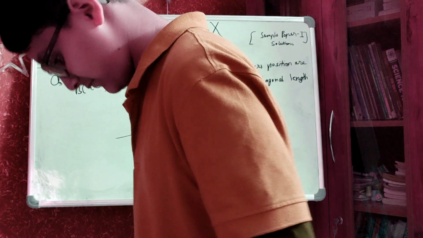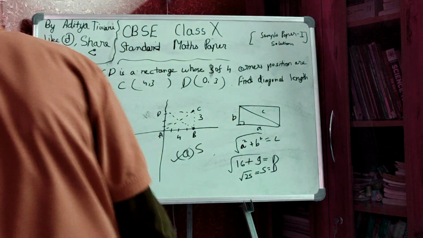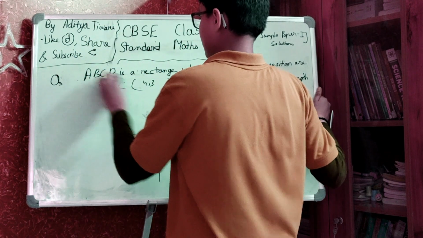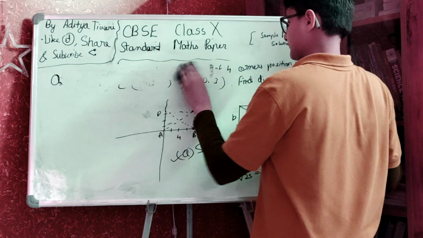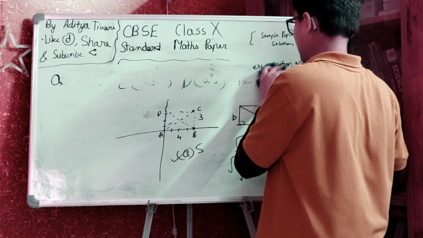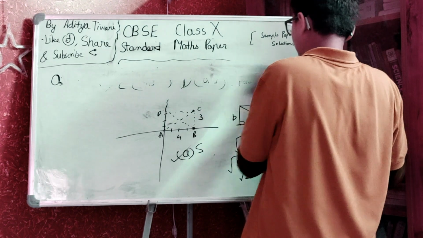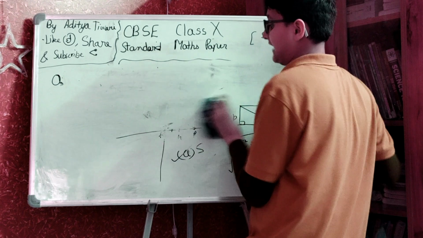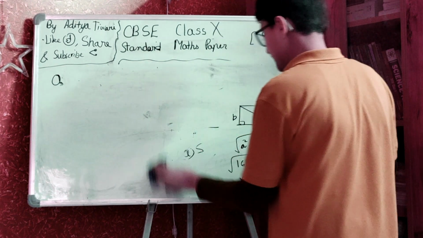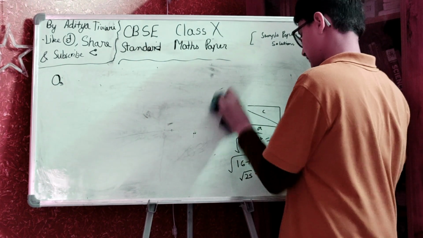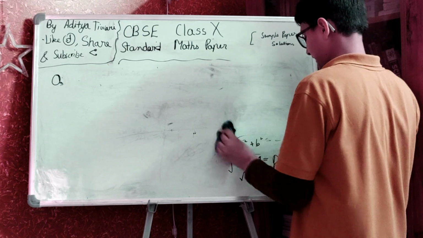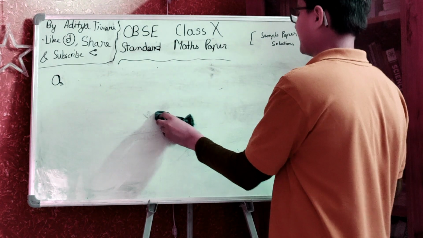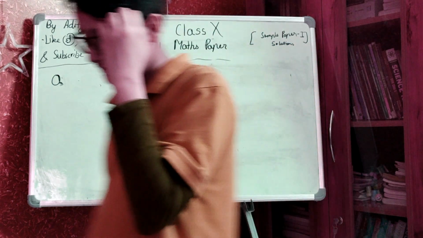Okay, next question. Next question is about the section formula in coordinate geometry. In this video, I'm trying to cover all the MCQ questions of the class 10 sample paper, and then I will cover all the subjective ones.